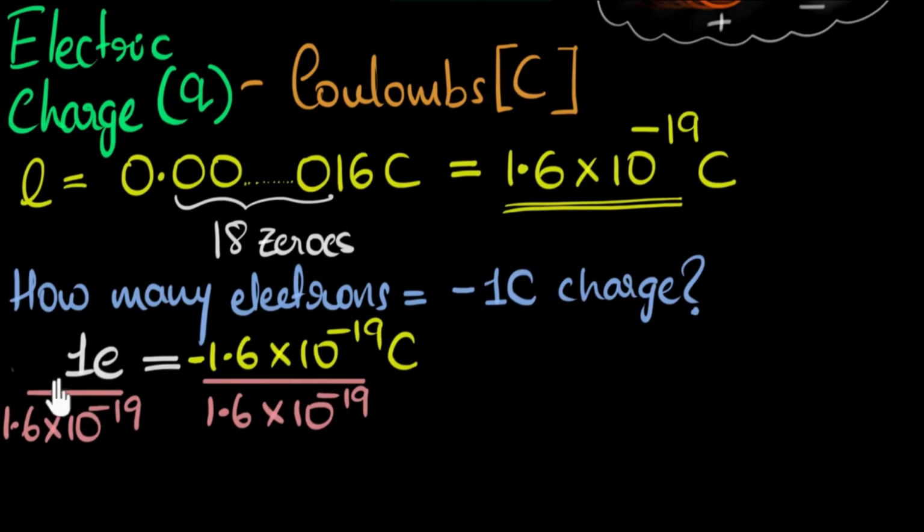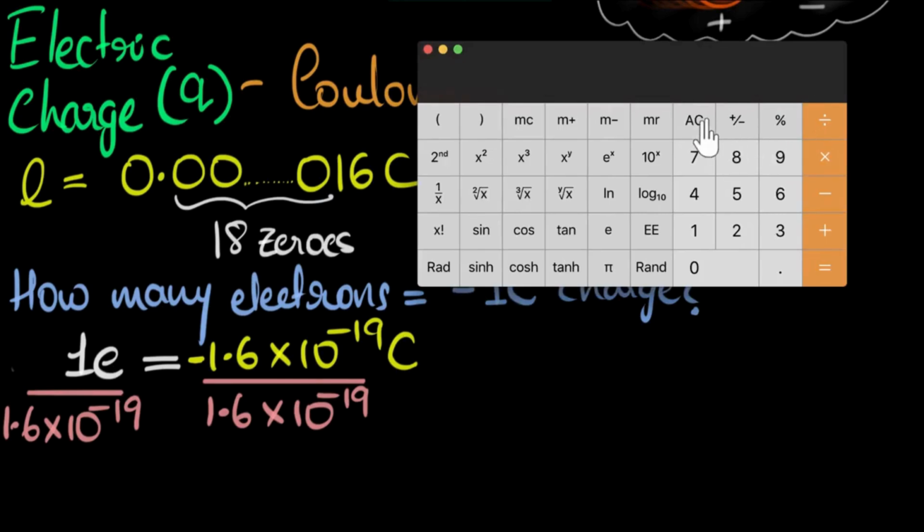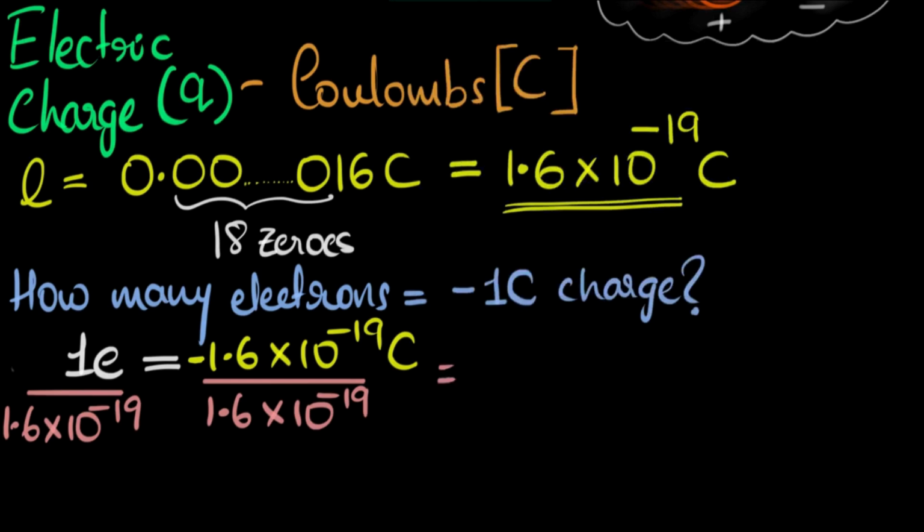So on the left-hand side we have 1 divided by 1.6. Let's bring in my calculator and see what that gives me. So it'll be 1 divided by 1.6. That will be 0.625. So that will be on the left-hand side, 0.625. That's 1 divided by 1.6. And this will become 10 to the power plus 19. Plus 19.